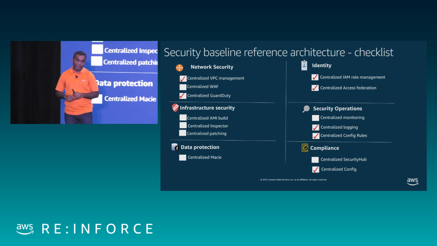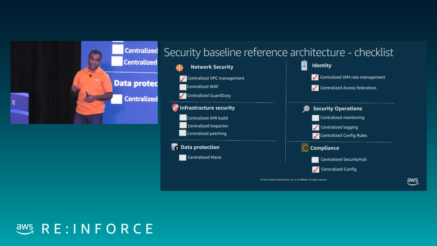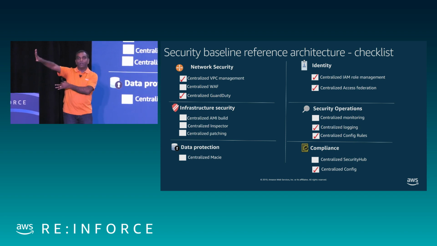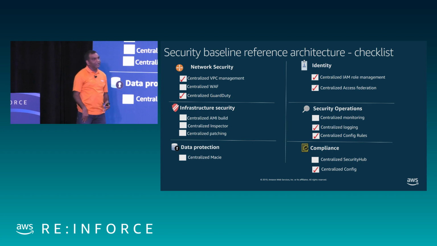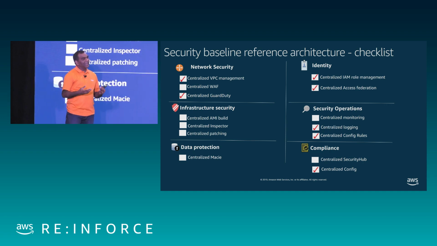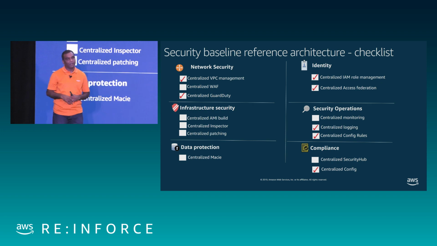And then when it comes to operations, it is also centralizing the logging. It is pushing everything into one log account we created, and all the Config rules are turned on, with all the Config data going into one place. If you are not familiar with Config, it's like a simple CMDB. We capture the state of every resource you create, take a snapshot of it, and keep the whole metadata of that resource.